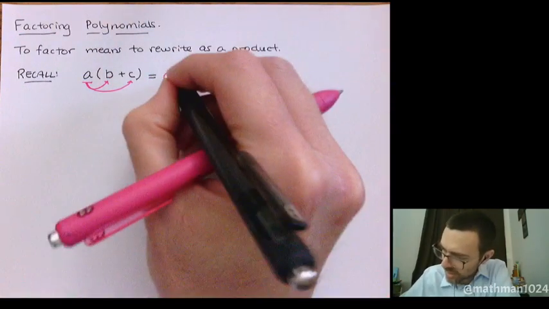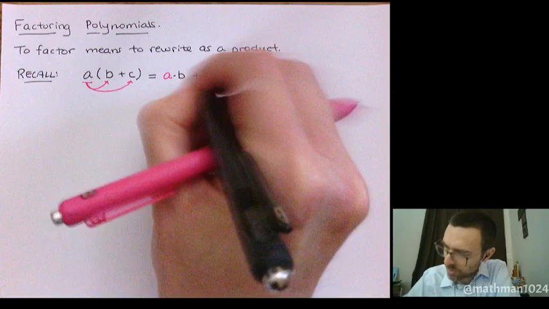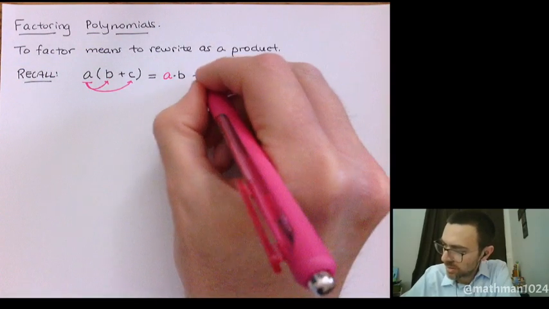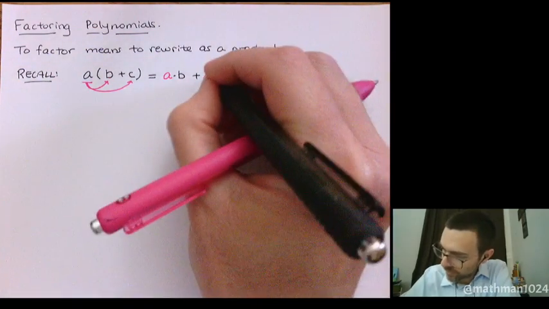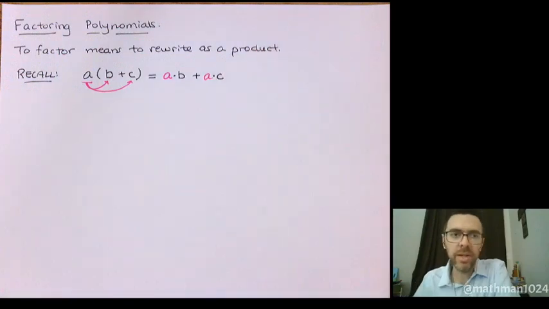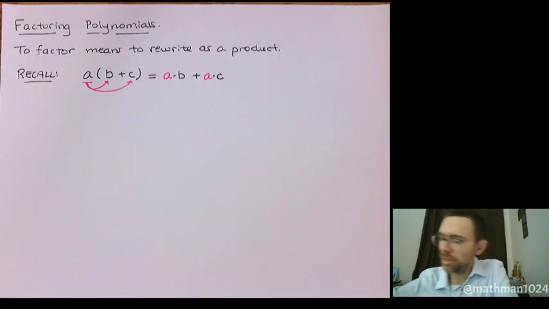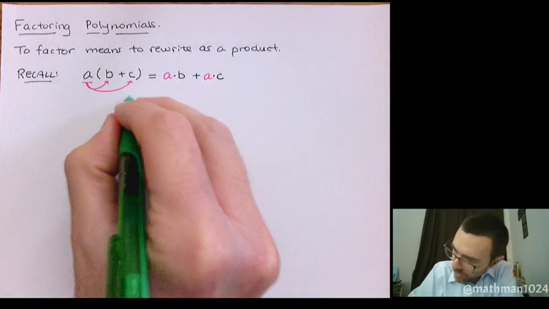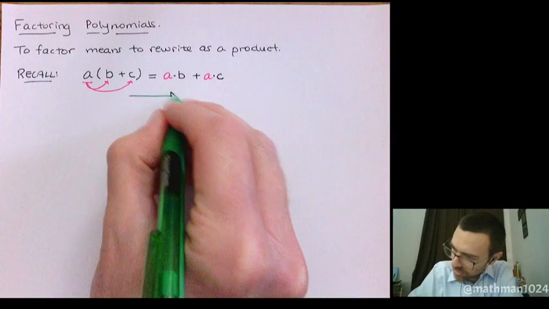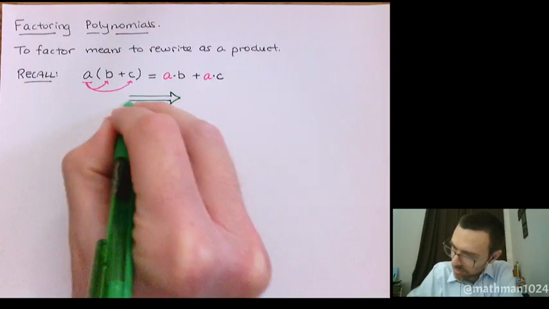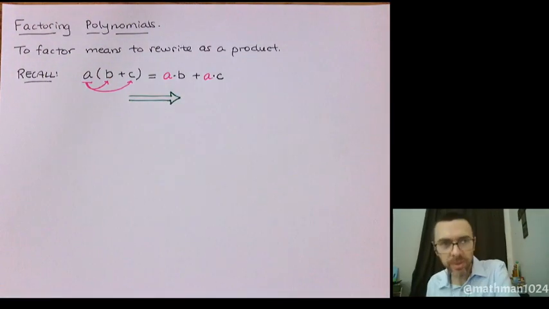So it looks like a times b plus a times c. That is the distributive property, but we've spent so much time thinking about how it goes in this direction, right? That's how we tend to think of it.